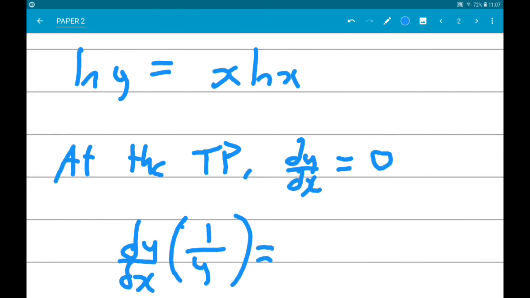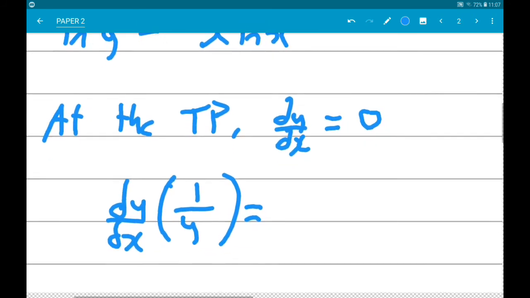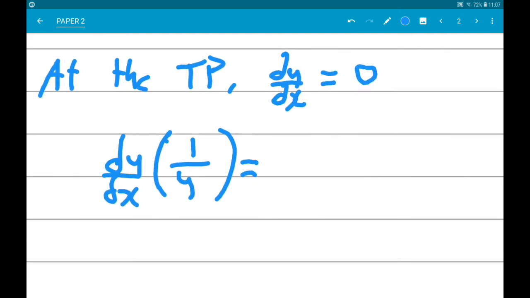Okay, now on the right, using the product rule, we differentiate the x and not the log x, so we get the log x. And now we differentiate log x and not x. So the derivative of log x is 1 over x. So we have x over x, which is 1.